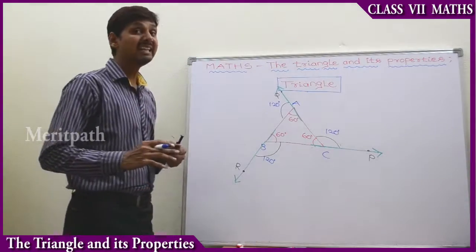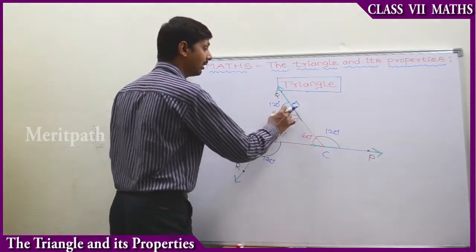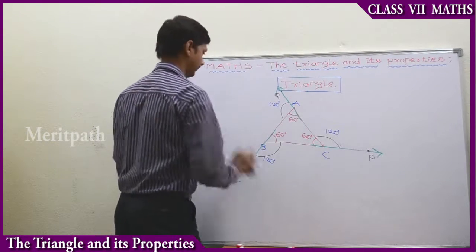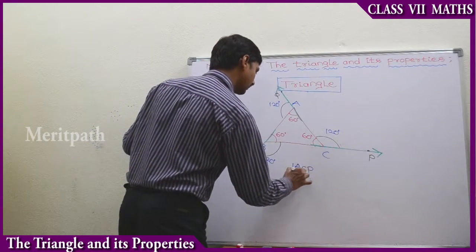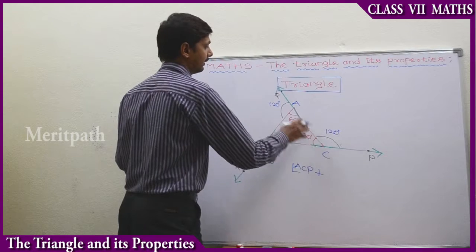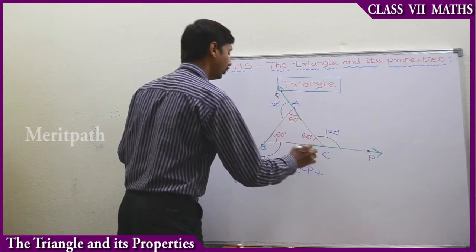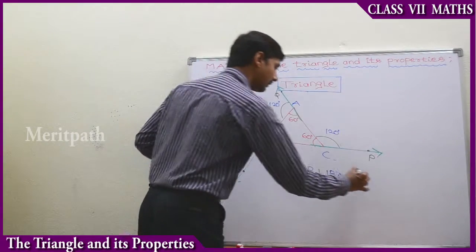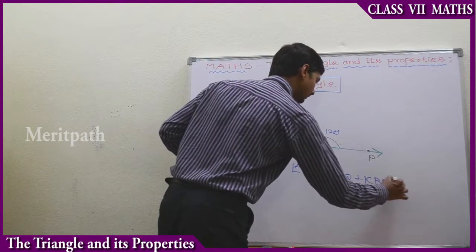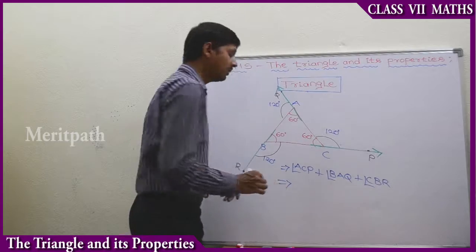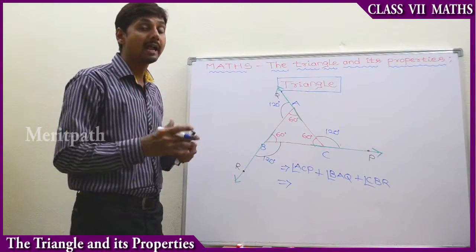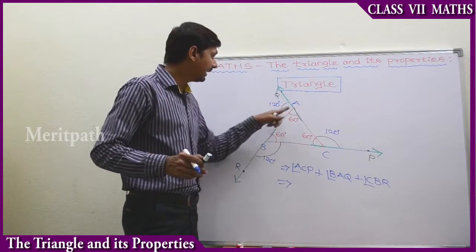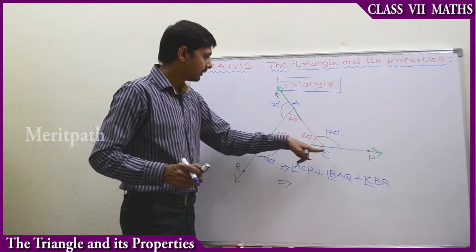The sum of three exterior angles of triangle ABC is angle ACP plus angle BAQ plus angle CBR. Let's recall, we are going to find the sum of three exterior angles of a triangle, that is angle ACP, exterior angle BAQ, and angle CBR.